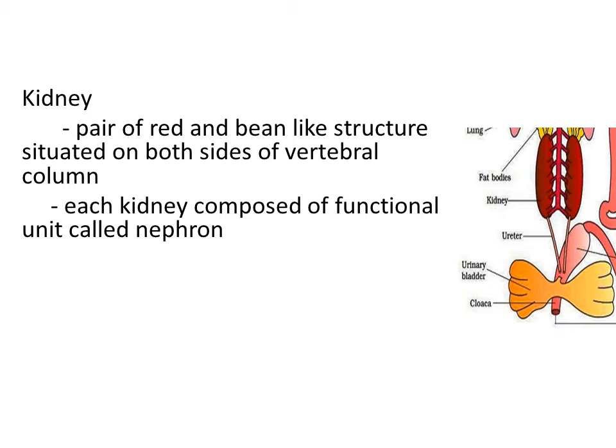Actually, when the blood is circulating throughout the body, it collects impurities from different parts of the body. So that deoxygenated blood consists of lots of impurities, right? It will move towards the kidney. In the kidney, filtration of blood takes place.